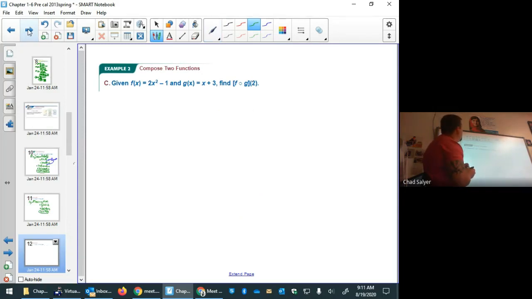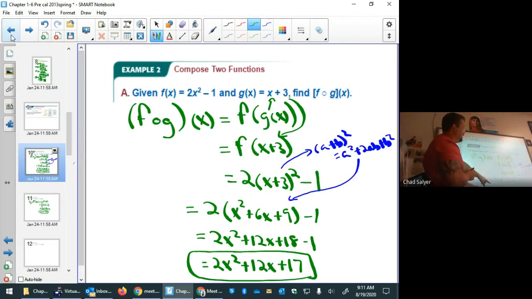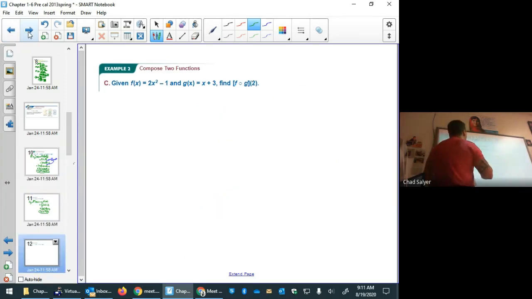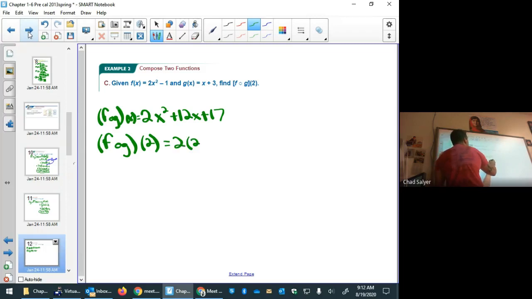And then C, f of g of 2. Well, we know f of g of x is 2x squared plus 12x plus 17. And if we find f of g of 2, we can just plug it in here.